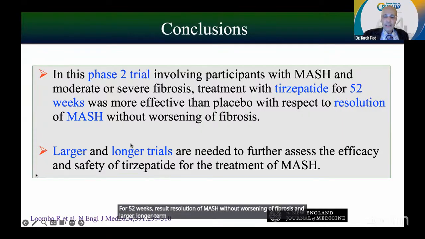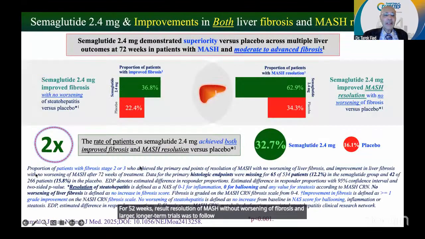The other study was by semaglutide in the highest dose, 2.4 milligram. It showed the reduction in fibrosis without worsening of inflammation, and the reduction in inflammation without worsening of fibrosis. So it met its primary and secondary endpoint.